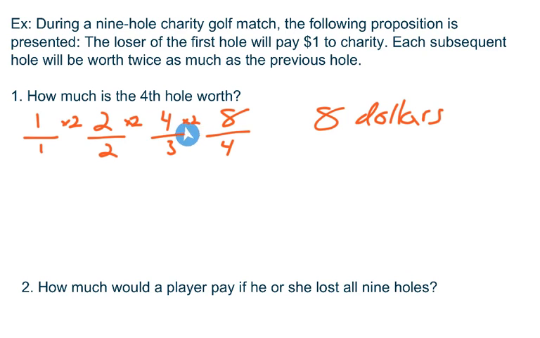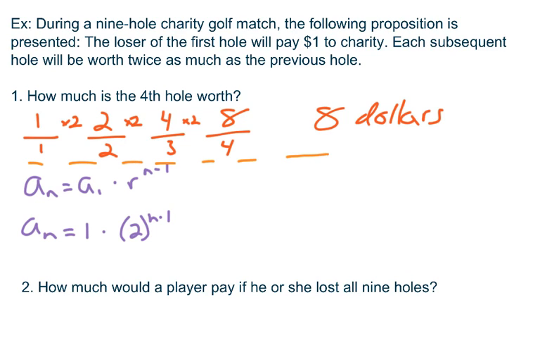Since we're multiplying by 2 every time, we can think about this as a geometric series. Remember the formula for a geometric series, a sub n is equal to a sub 1 times r to the n minus 1 power. The first term here is 1. The common ratio is 2, so 2 to the n minus 1 power. So I'm going to give you a more analytic way to figure this out.